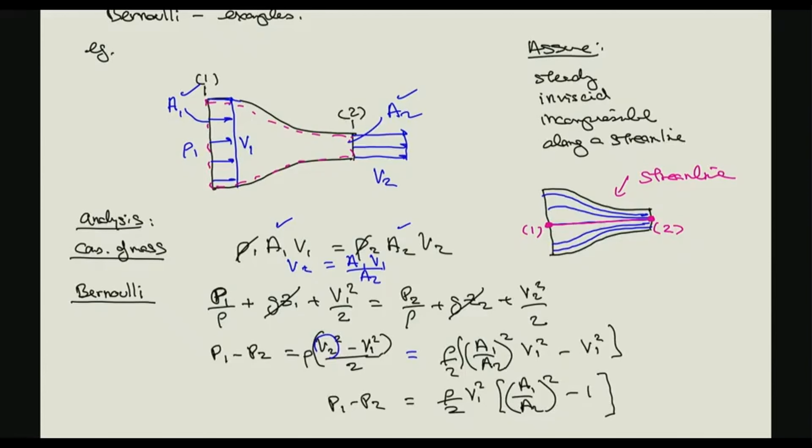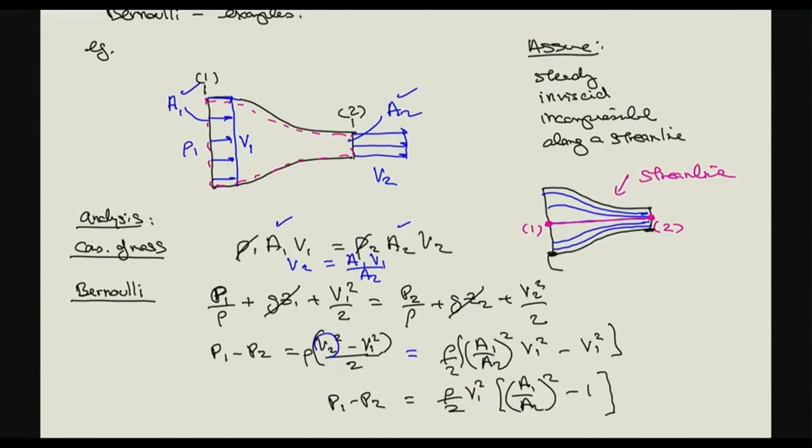In theory then you could drill small holes, pressure taps, we'll talk about this, and connect a U-tube manometer like this, and then measure the height of the manometer column, which is related to the pressure difference.